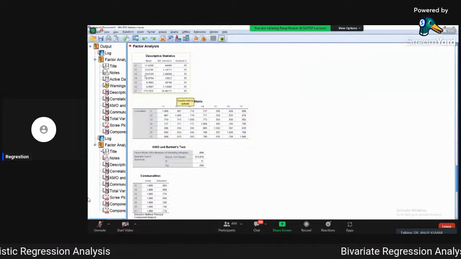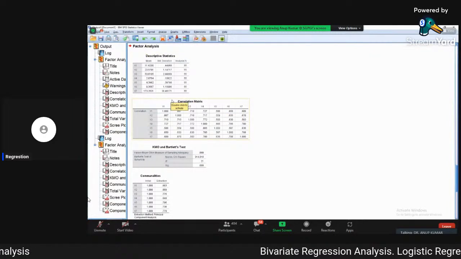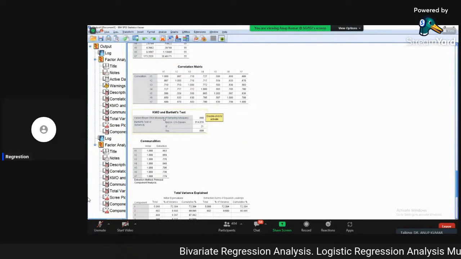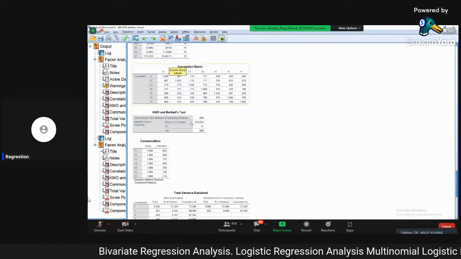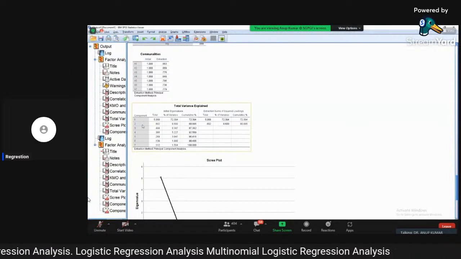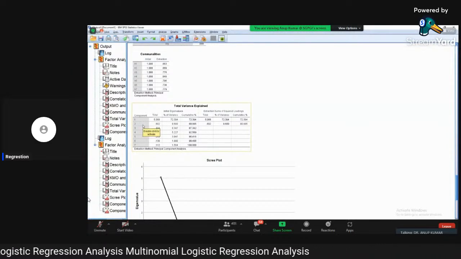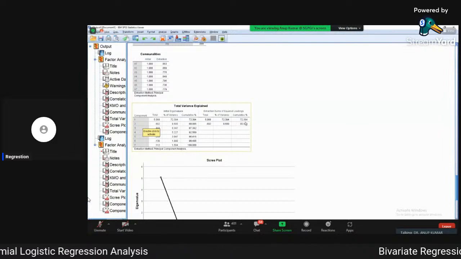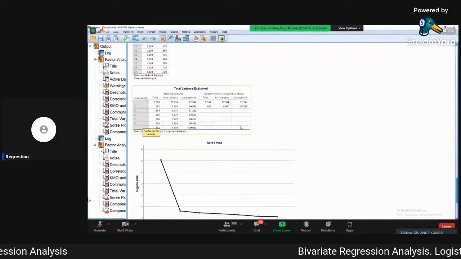So now the descriptive statistics, correlation matrix, and KMO Bartlett test are all explaining the same thing. But here, instead of taking only 1 factor, I am now taking 2 factors. And these 2 factors are explaining 80% of the variability in the data.